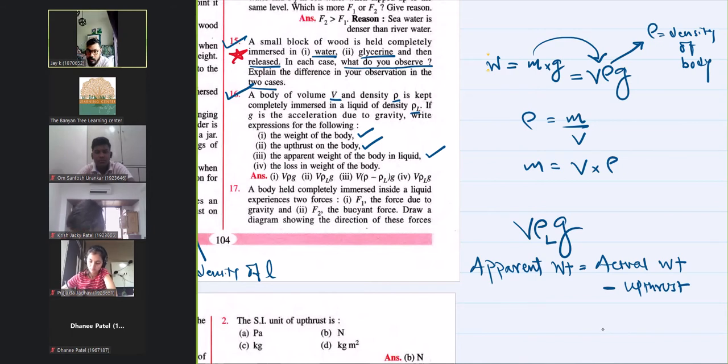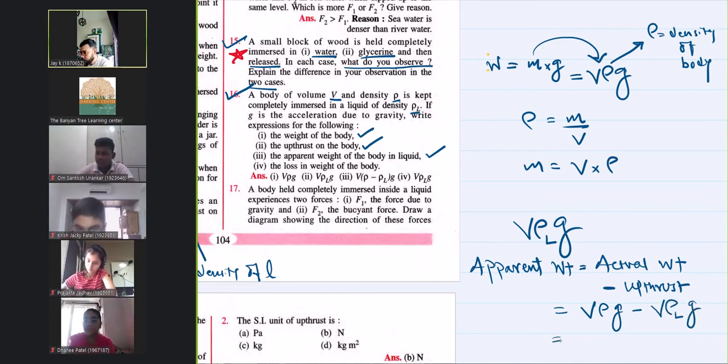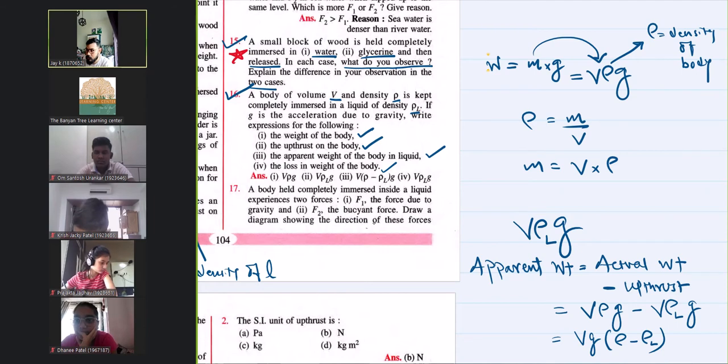Actual weight minus upthrust. Actual weight is V rho G minus upthrust is V rho L G. So it will be V G bracket rho minus rho L. It's the same thing written in a different way over here.